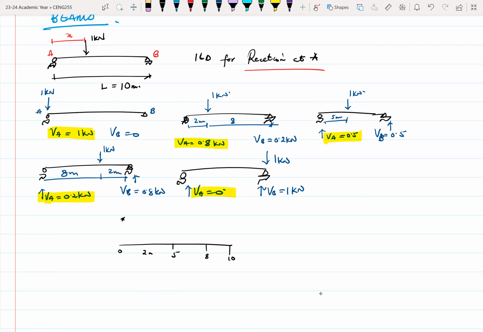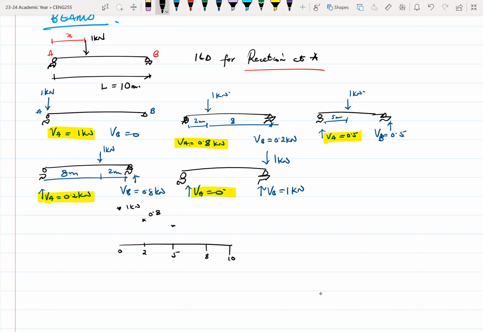When the load moves to 2 meters, VA is now 0.8, as we can see. When the load moves to 5 meters, VA is 0.5.